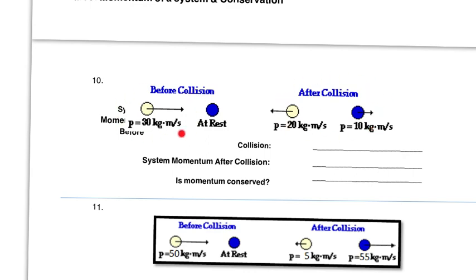The total momentum here is 30 plus 0, so the total momentum is 30 kilograms meters per second. After the collision, we've got 20 kilograms meters per second in the negative direction and 10 kilograms meters per second in the positive direction. So we've got negative 20 plus 10 equals negative 10 kilograms meters per second.